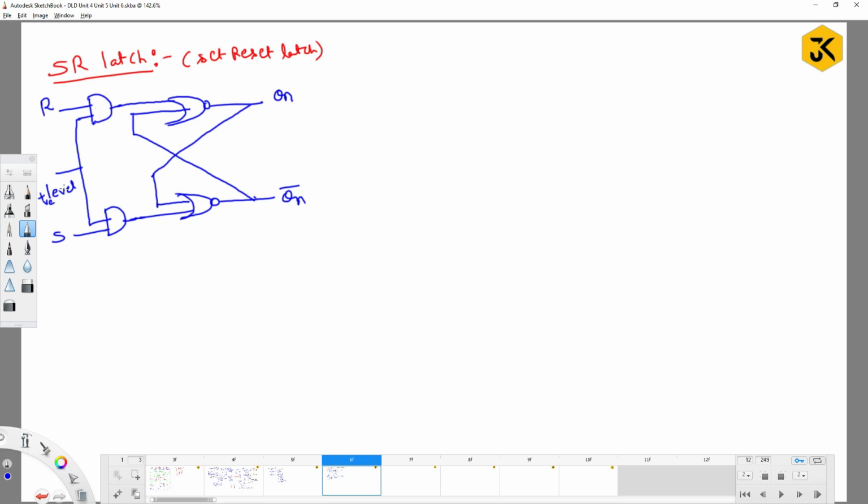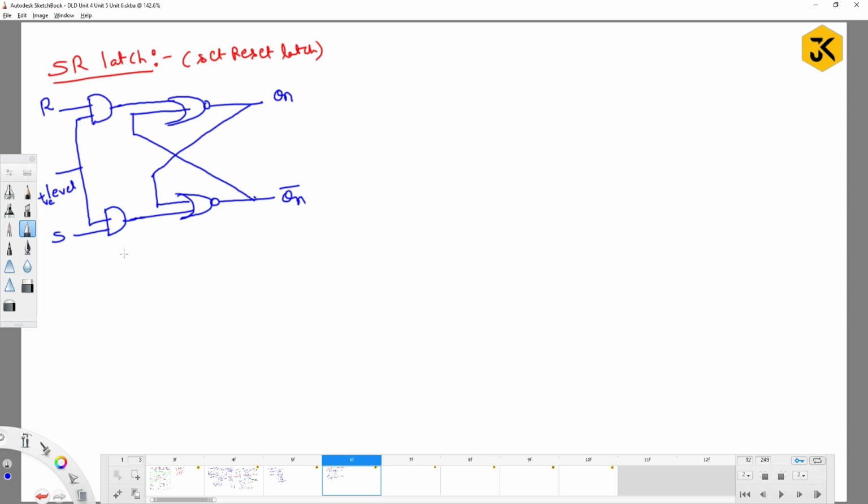If I pass a single positive level clock signal, I can call it an SR latch. In place of this positive level signal, if I pass some kind of edge triggering, it will act as an SR flip flop. So make sure you understood, right?